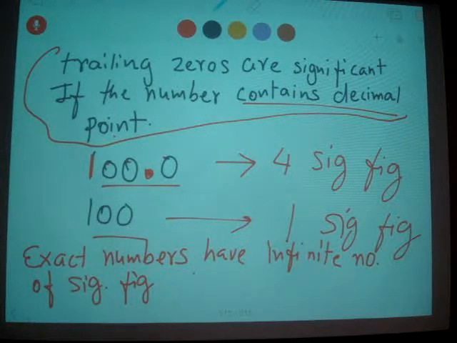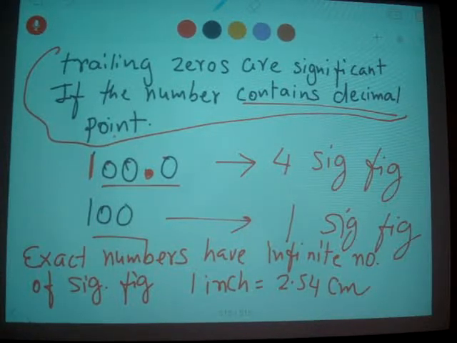For example, 1 inch equals 2.54 centimeters. So those are exact numbers.